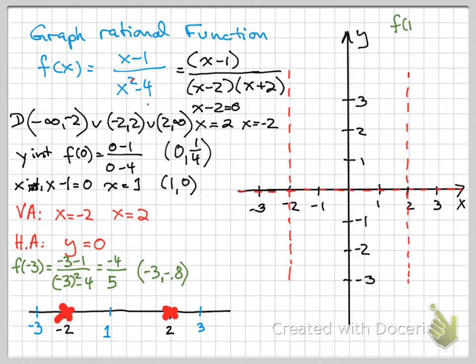Okay, and the other point that I picked was 1. Actually, I meant to say f of 1. I already have that. f of 1 is 0, so I'm going to make that negative 1.